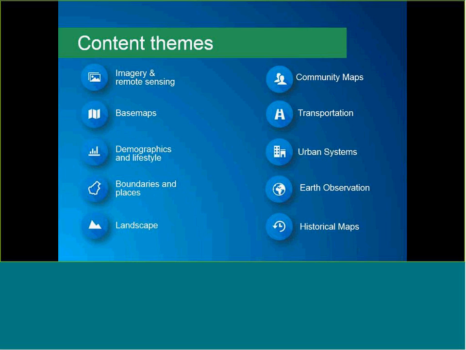One to point out, as a new or slight change, is imagery and remote sensing. We've always had imagery in there in terms of satellite and aerial imagery. Remotely sensed data is something that's a bit newer, and that collection has been changed into imagery and remote sensing. What that does is reflect the incorporation of quite a lot of the new scientific data formats, things like NetCDF, HDF, GRIB.